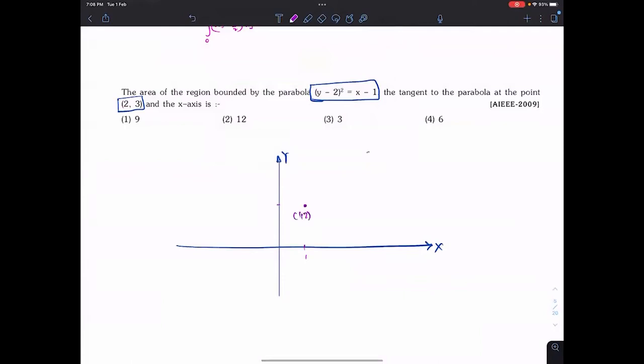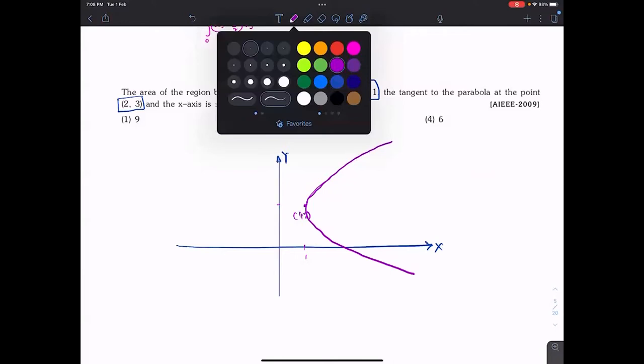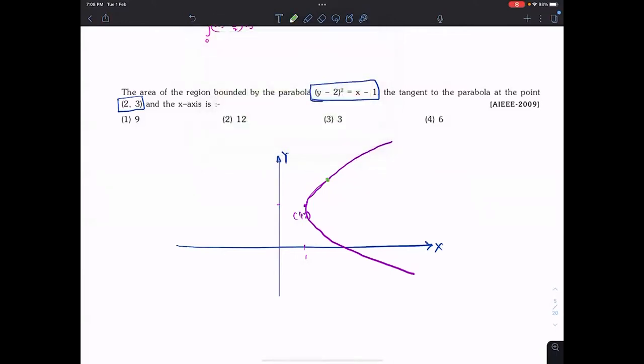Opening right side. So this is how the parabola will look like. Now they are saying at 2, 3 you are drawing a tangent. So 2, 3 will be somewhere here. Now the tangent will look something like this.